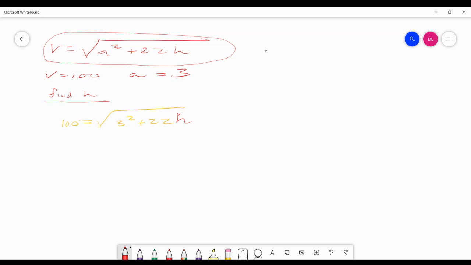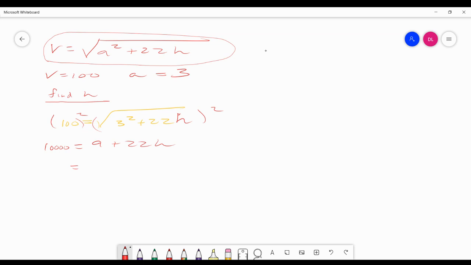Well, once I plug everything in, I'm looking at this. Okay, well, how do I get rid of this square root? Well, we follow what we've done before. We square both sides, and that gives us a big number, which is 10,000. 10,000 equals 3 squared is 9 plus 22h.